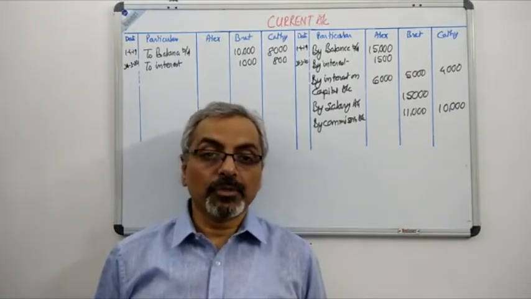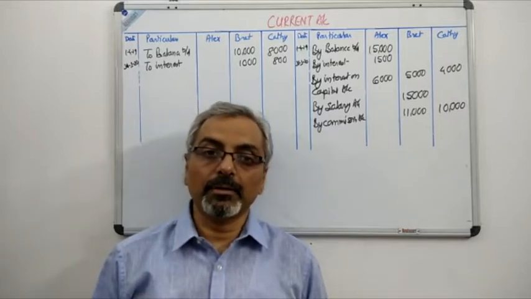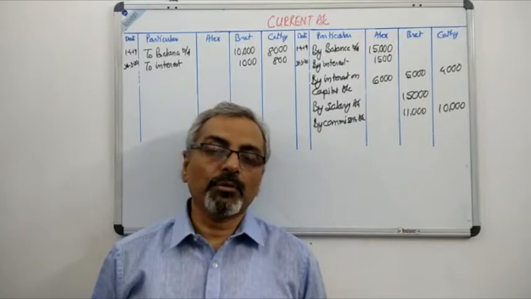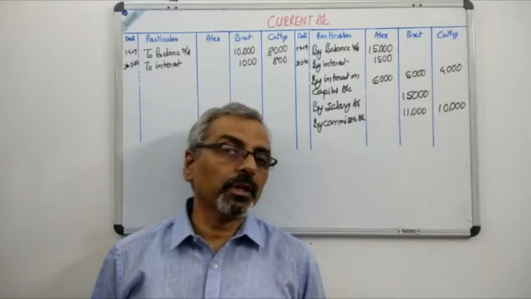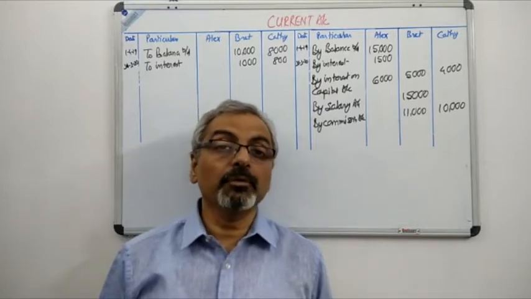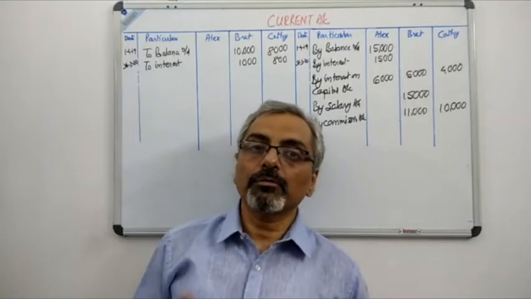After entering these figures, the next entry which had to be entered is the entry for the distribution of the profit, the share of profit. The profit was 45,000 and no PSR was given. That is the reason why the profit was distributed equally among all the three partners, and therefore it was 15,000, 15,000 and 15,000.